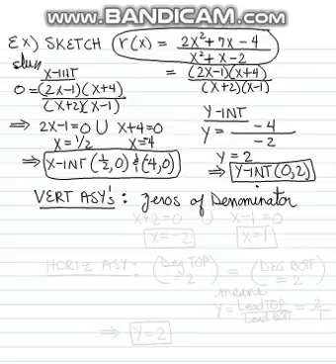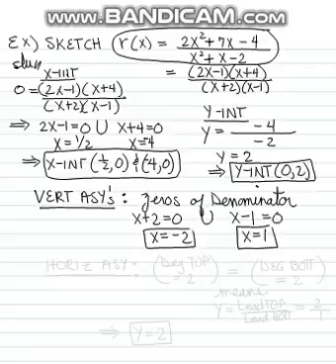And be sure to leave your answer in the form of an equation, x equals a number. So we have x plus 2 equals 0, together with x minus 1 equals 0. This gives us x equals negative 2, and x equals 1. These are the equations of vertical lines in our graph, and they are our vertical asymptotes.